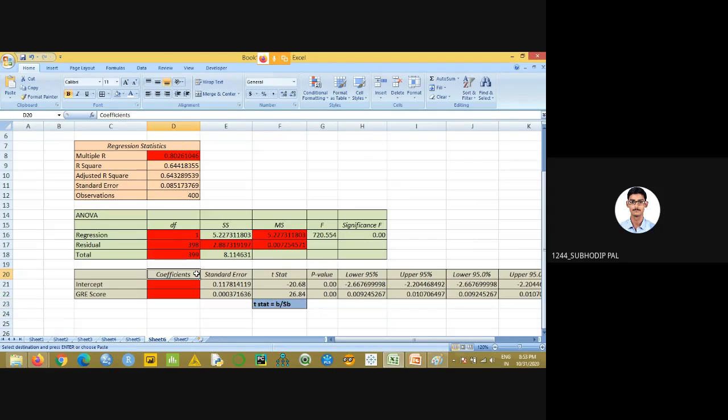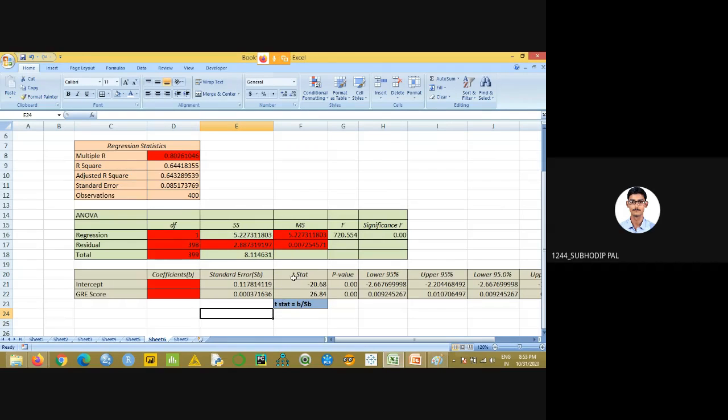So which one do you want to find here? You want to find the B value, right? This is B and this is SB. So I know SB and T stat. So B value will be T statistics into SB.